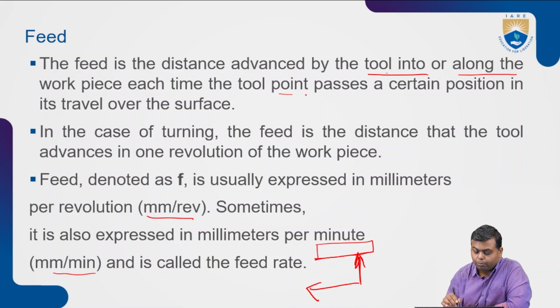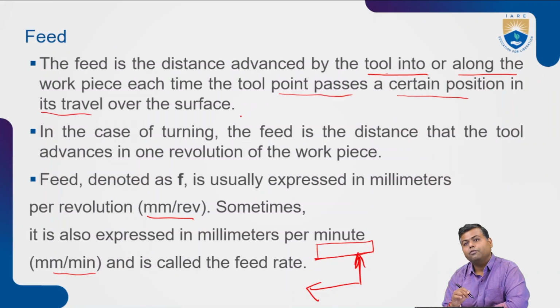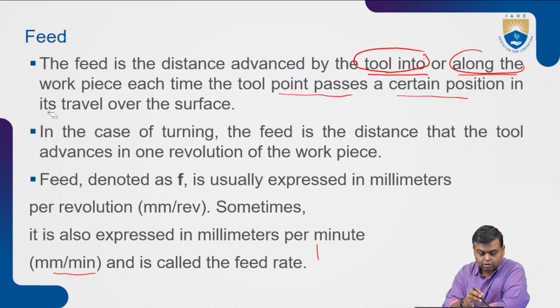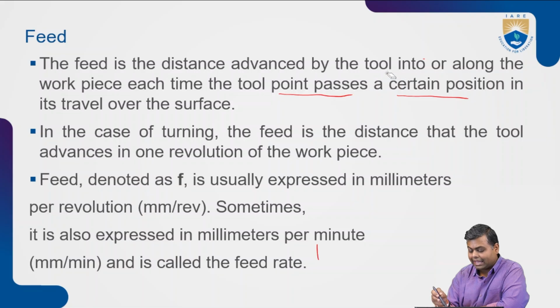Each time the tool point passes a certain position, it travels over the surface. So feed is defined as the advancement of the tool into or along the surface of the workpiece, or the travel of the tool. We have considered two different cases. The first case is related to turning, for example on a lathe machine.